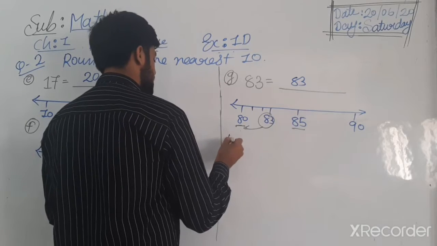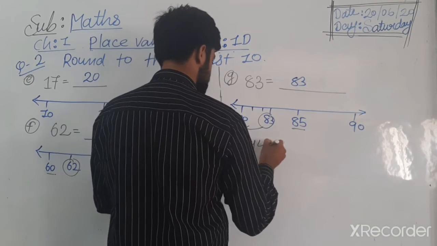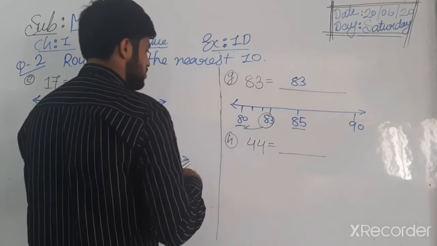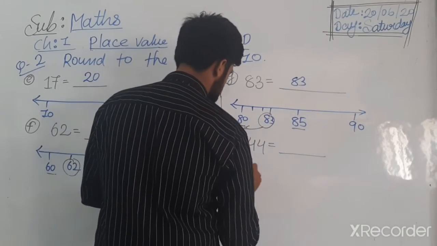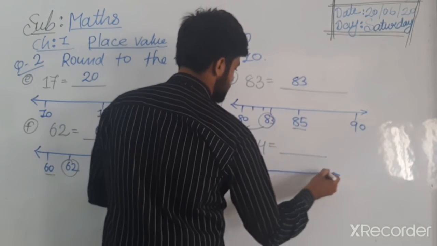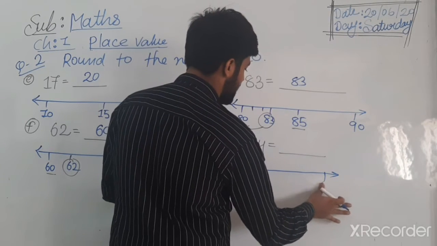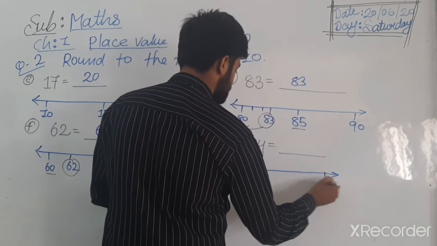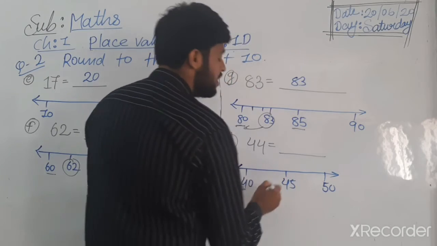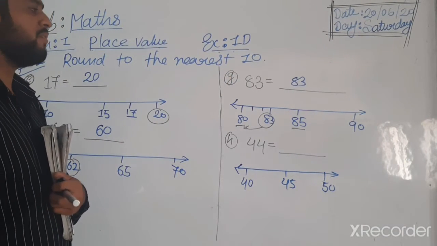Now H, 44. Let's check on a number line. Students, you must draw the number lines in your fair book, using the scale.